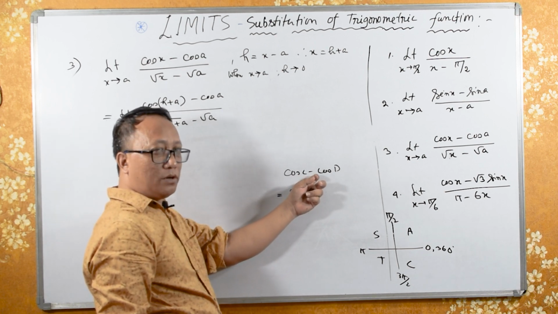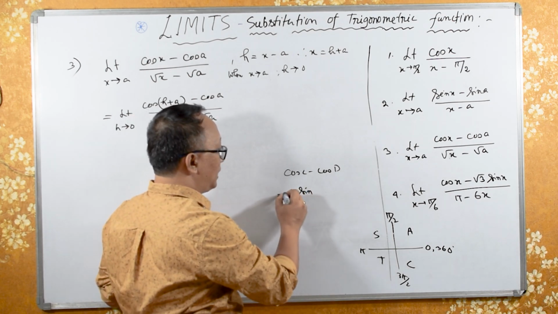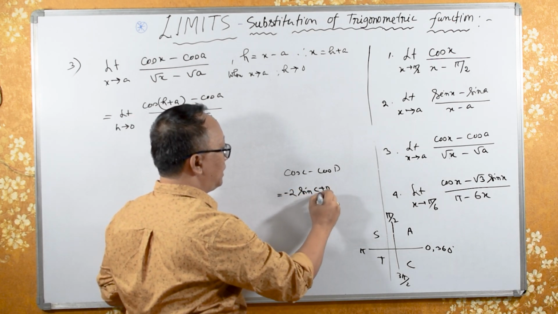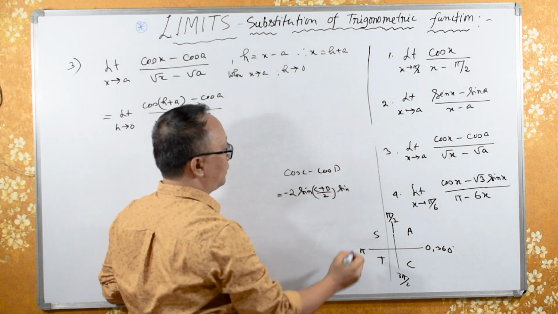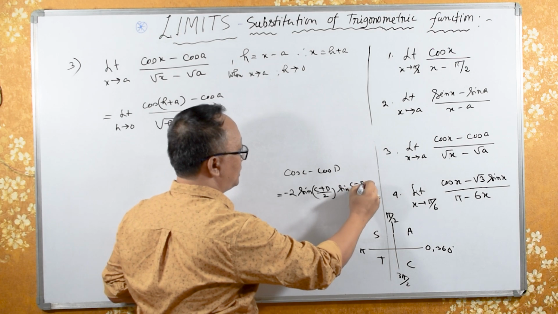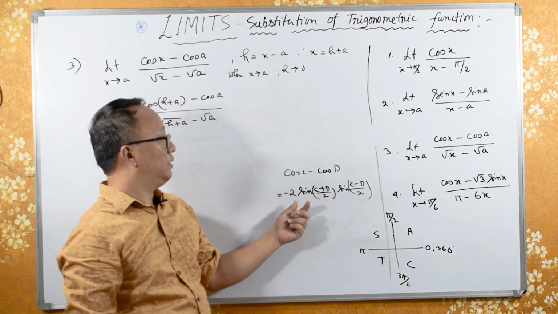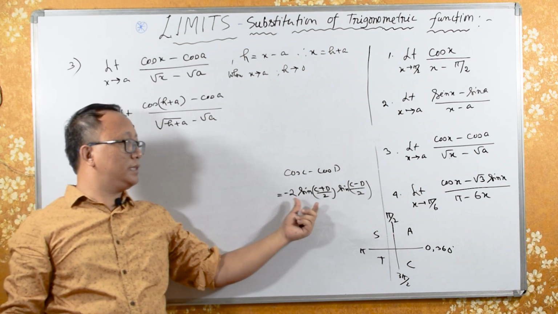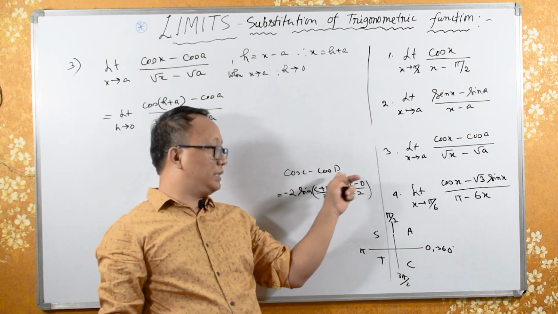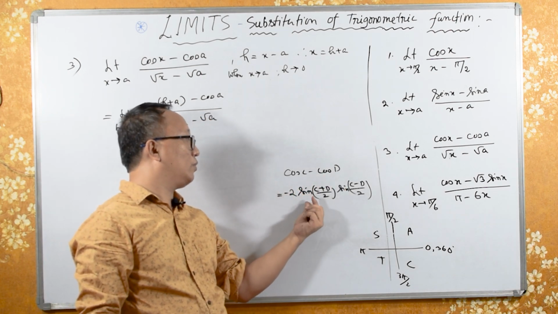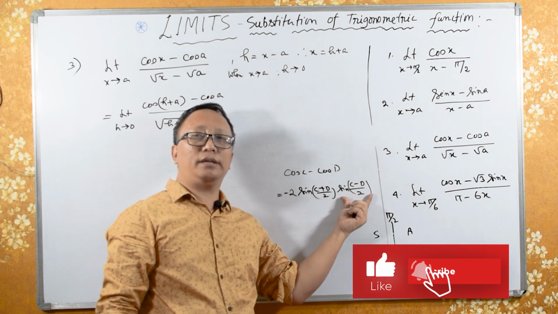If it is plus, then all are cos; if it is minus, all are sine. If you want to send the minus inside, then it will be d minus c. If it is cos c plus cos d, then you get 2 cos of (c plus d) upon 2 into cos of (c minus d) upon 2.